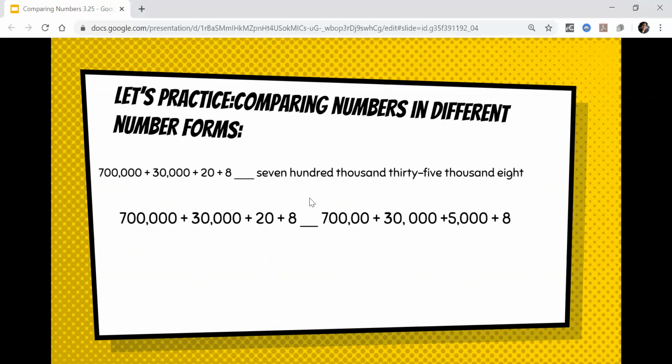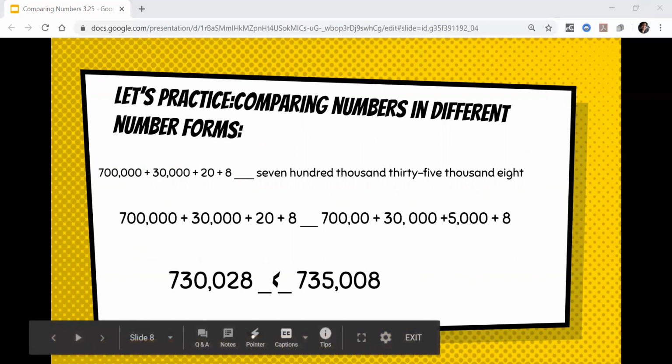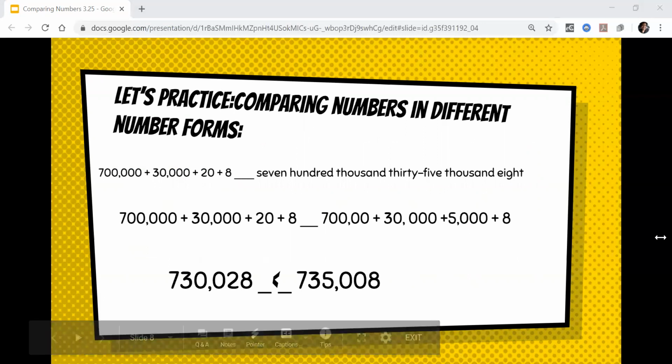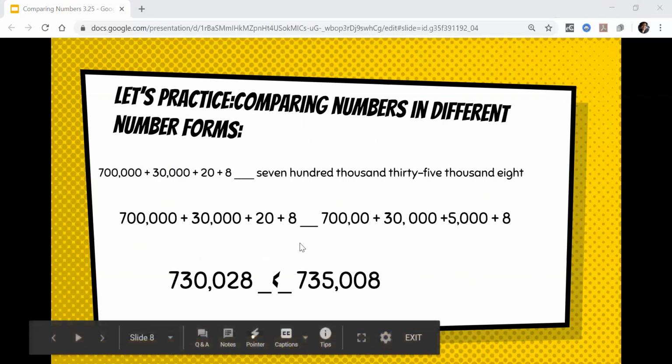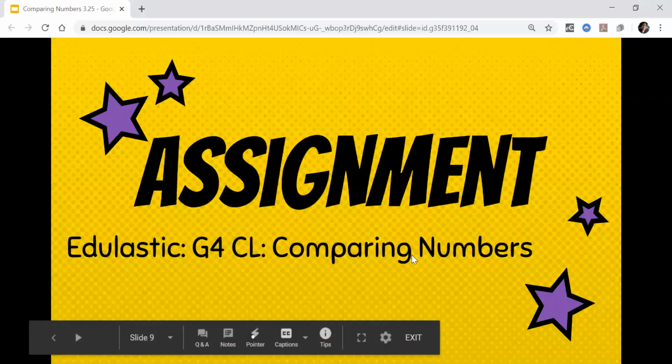So let me rewrite it now. Therefore, that gives a greater value than the first number. So I know that 730,028 is less than 735,008.